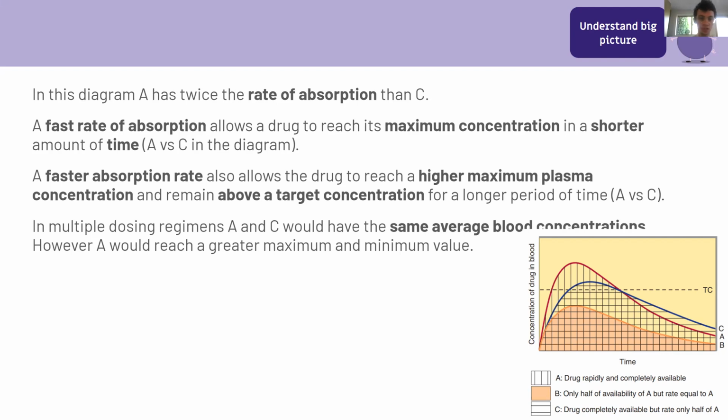Just by changing the rate of absorption, A is going to have a faster absorption rate, a higher plasma concentration, and remain above the target concentration for a longer period of time, even if they have the same dose. It's a concept I didn't really understand when I learned it, so I thought I'd put a slide on it so you can see how changing the rate of absorption influences concentration.